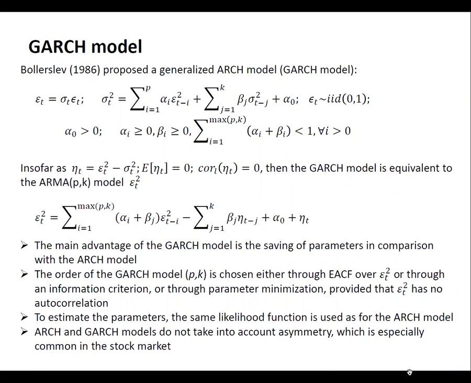Everything is one-to-one, but it is now known that GARCH for volatility modeling is much better than ARCH for all data. Therefore, the use of ARCH is now an anachronism.